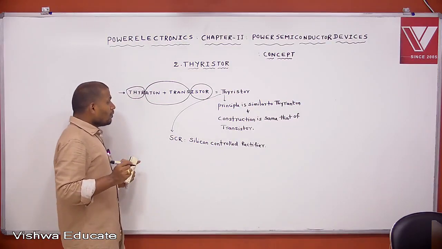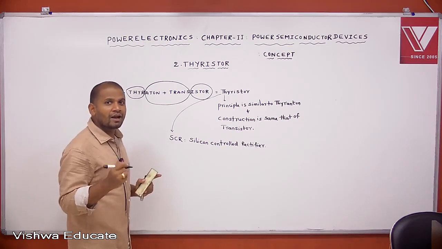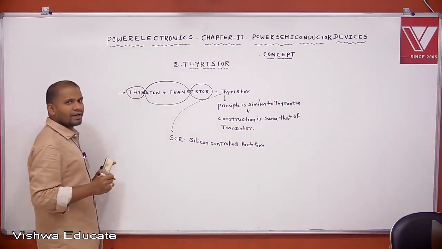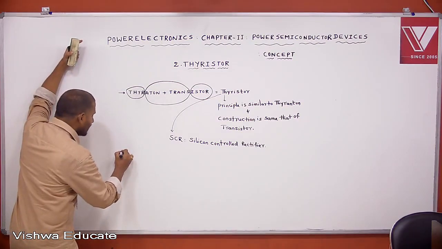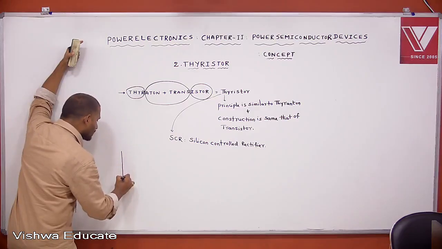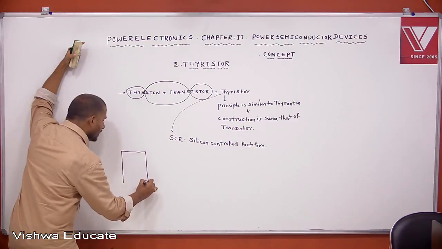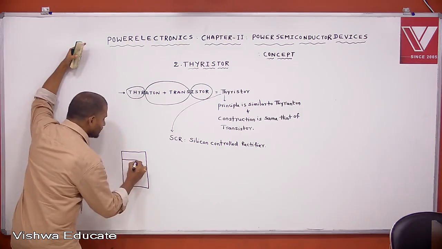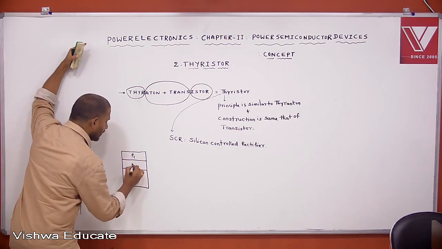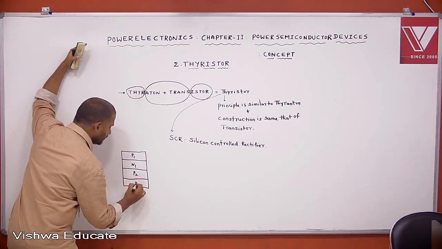Then, what is the schematic representation of SCR or Thyristor? This is the schematic representation of SCR or Thyristor. It consists of 4 layers, that is P1 and N1, this is P2 and N2.